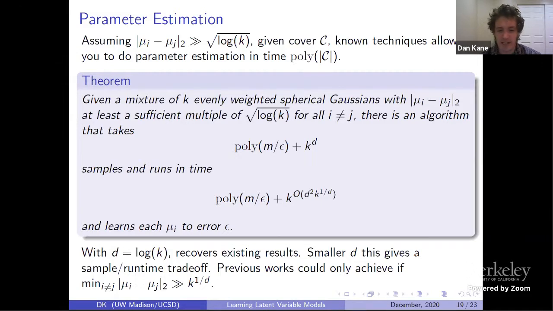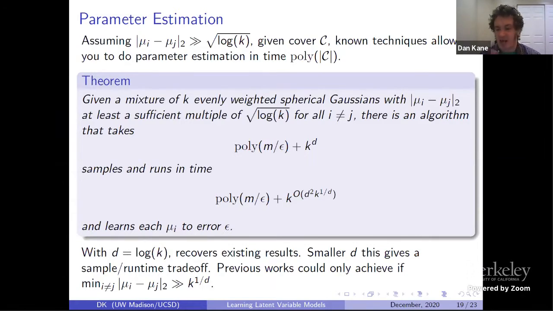However, if you take a smaller value of d, this gives you a trade-off between the sample complexity and the runtime. If we're willing to take k to the 100 samples, then we have runtime that's exponential in k to the 1 in 100. And so previous works could give you some sort of qualitatively similar trade-off, but they could only do it if you assumed a stronger separation.